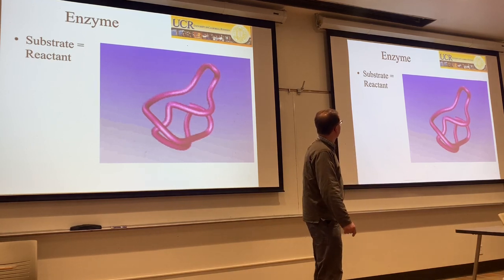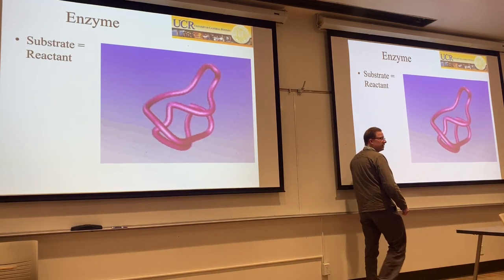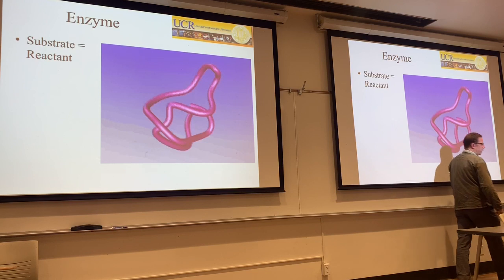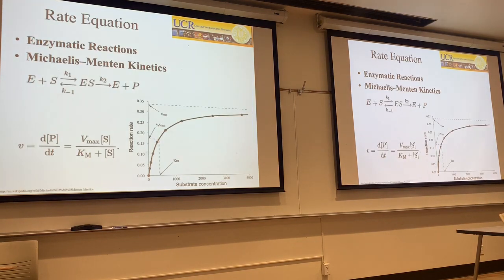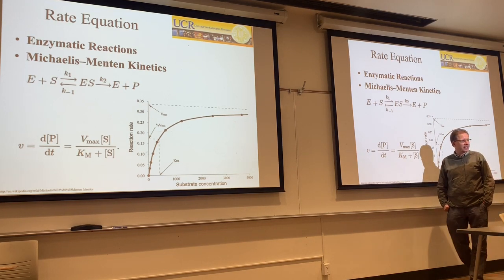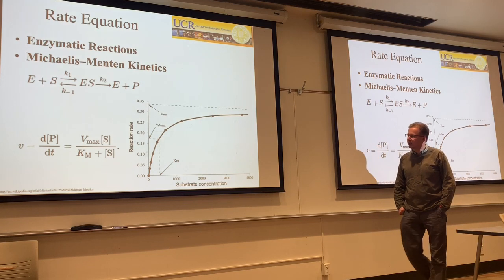So if we think about catalytic reactions in biology, they're enzymatic reactions, and the substrate gets modified. And very frequently, people think about them in Michaelis-Menten kinetics, as it's shown over here.